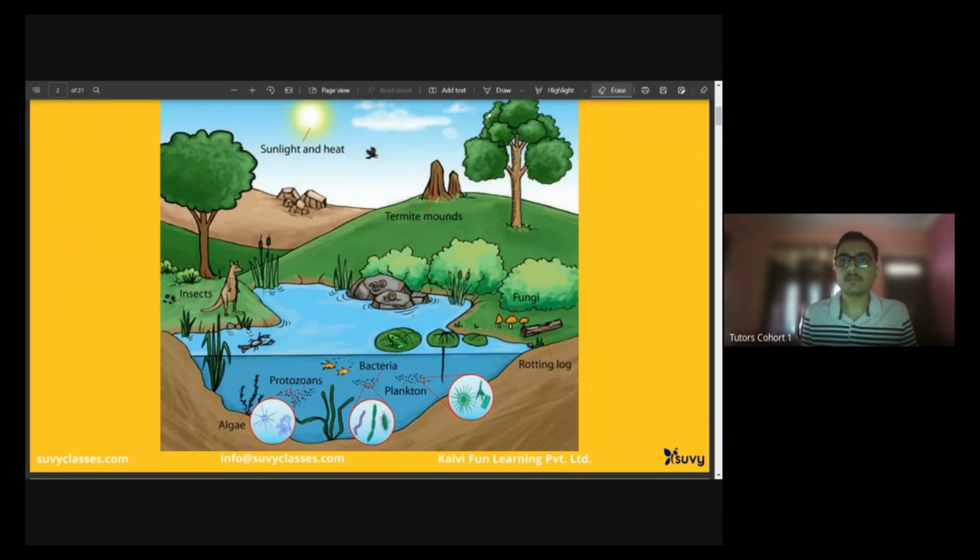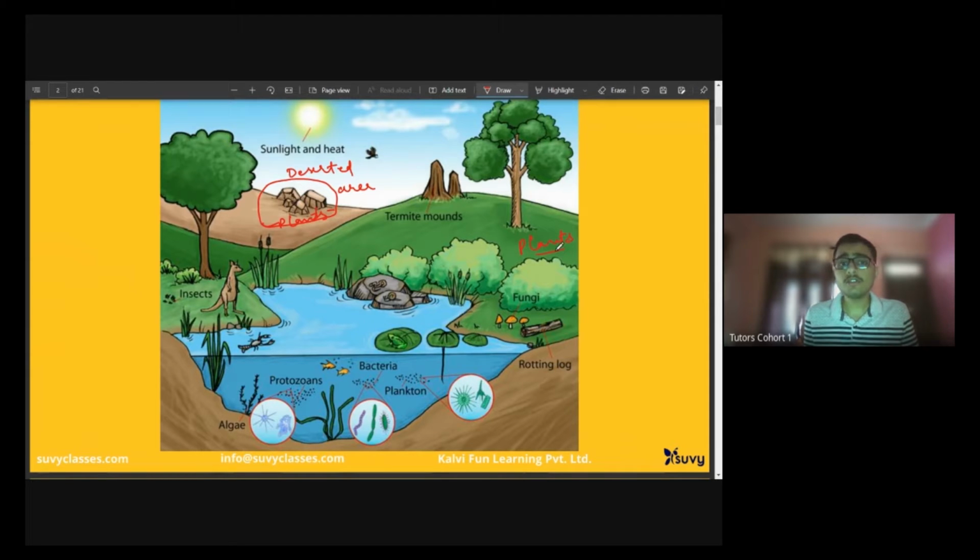As you can see, Aditya, in this slide I have a picture where we can see so many things. This part of the picture is a deserted area where we don't have plants, whereas in this portion we have so many plants.